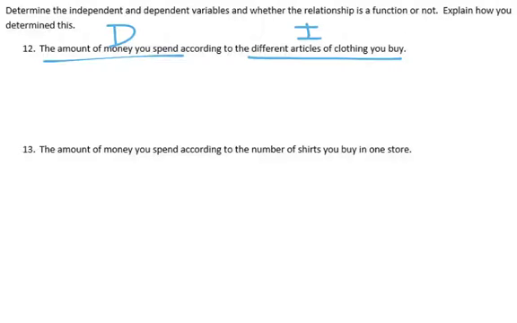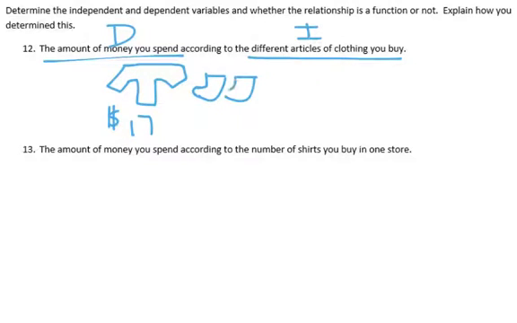So think of it this way. If I buy a shirt, and this shirt is worth $17, okay, and I bought a pair of socks that were worth $3, we spent $20, right?